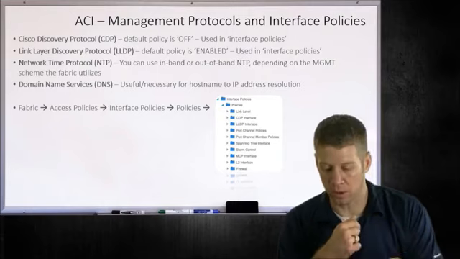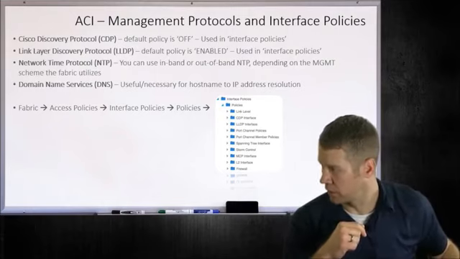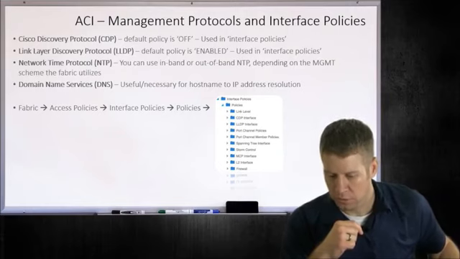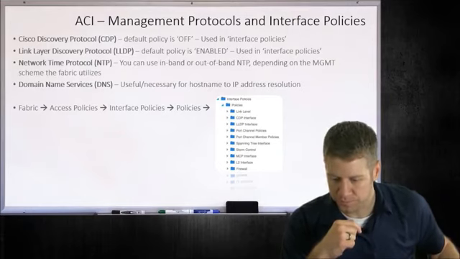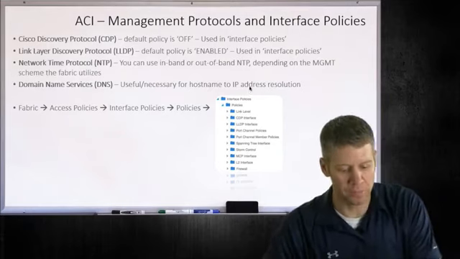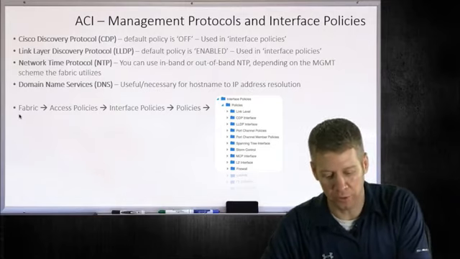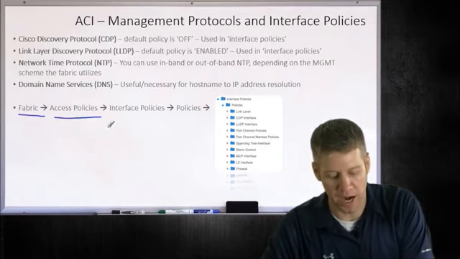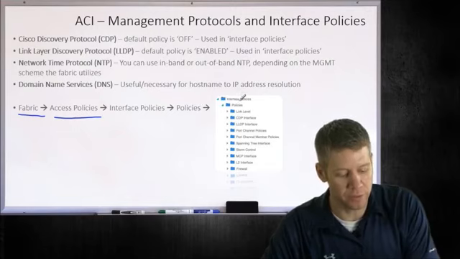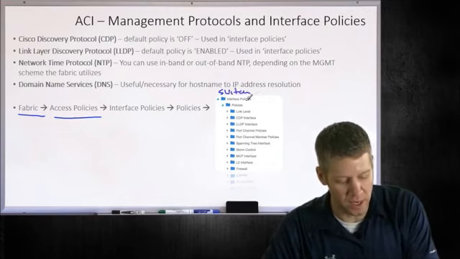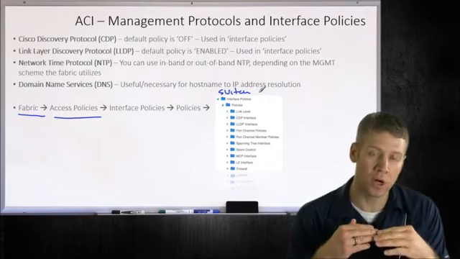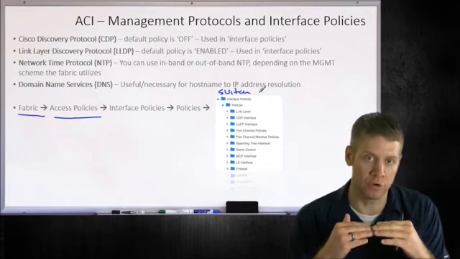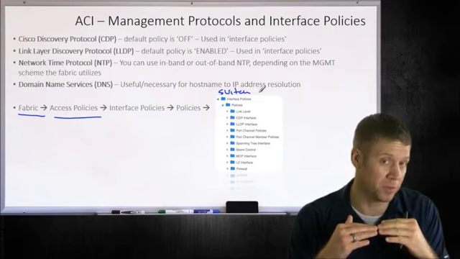If we look down through here, let me grab my pen. This is all going to be done under our fabric and then our access policies. Then if you look down through there, you're going to see things like switch policies and interface policies, and right now we're talking about some of these things under interface policies, specifically policies.